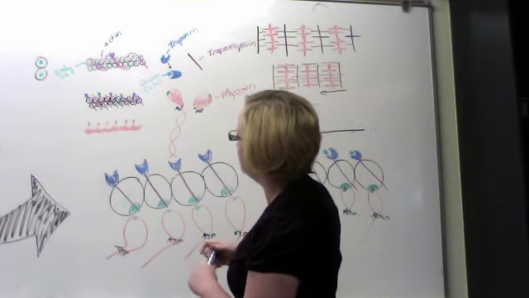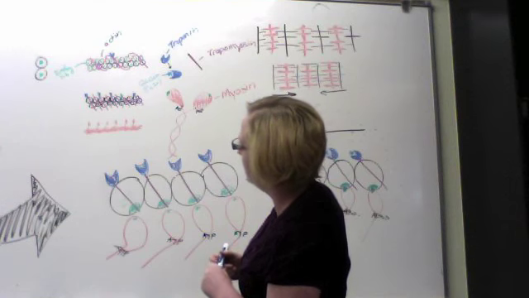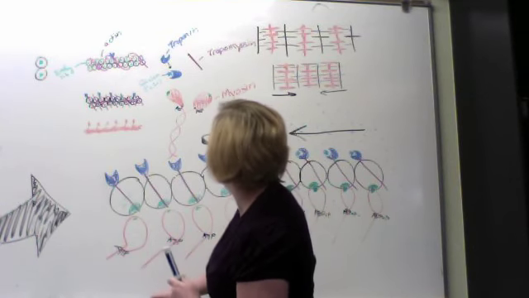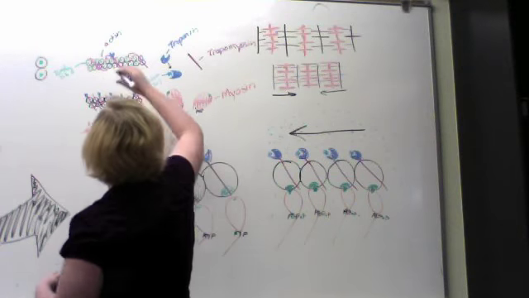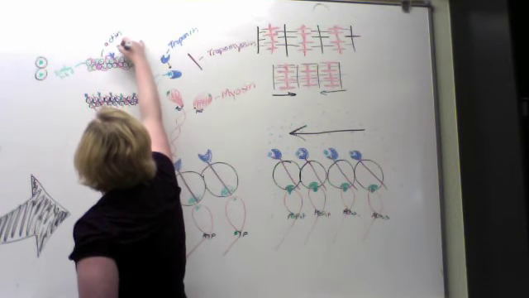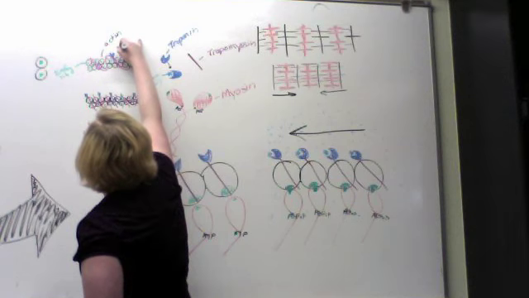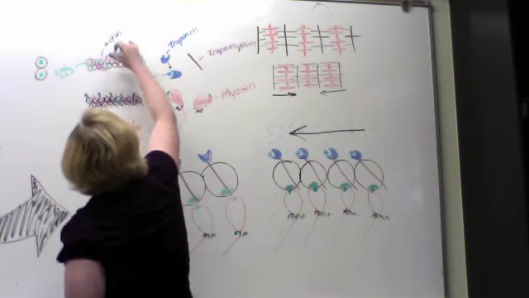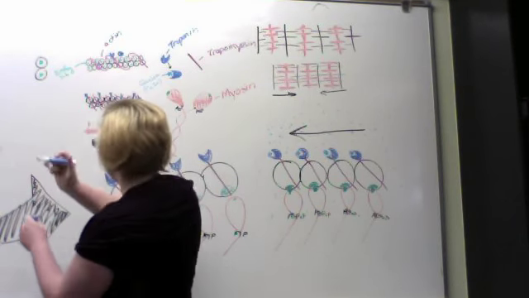So what happens then, I don't want to draw it again, but basically we have our troponin. It's going to bind onto calcium, right? So it's going to lay over like so. It's going to bind onto calcium. Life is good.